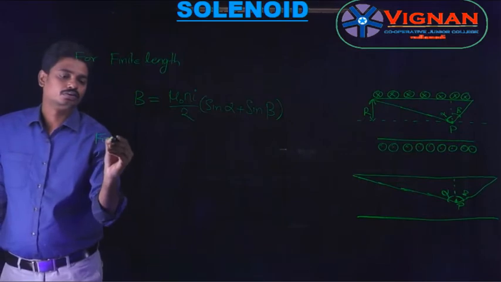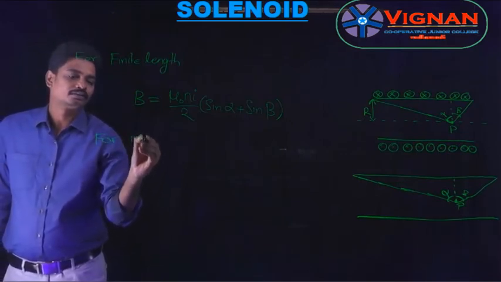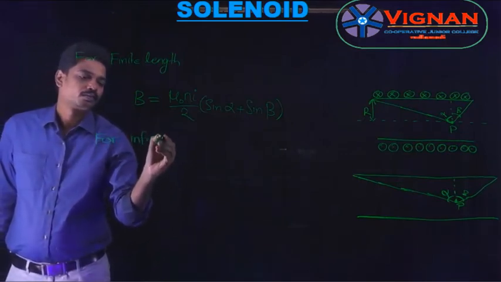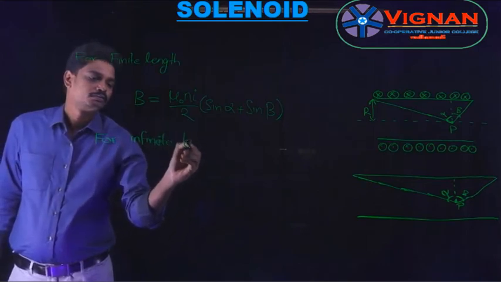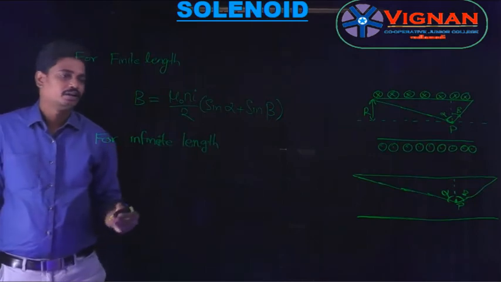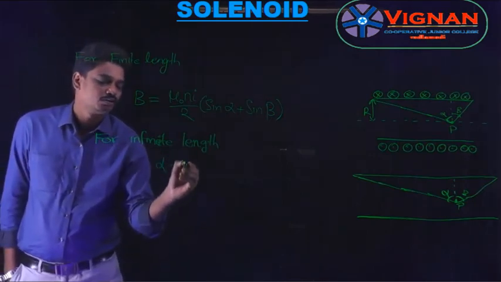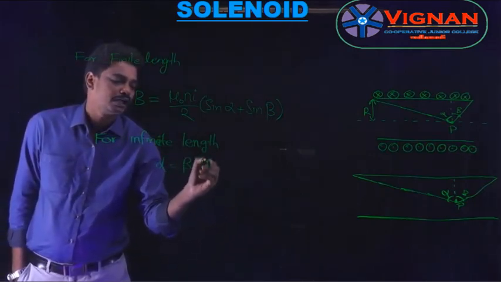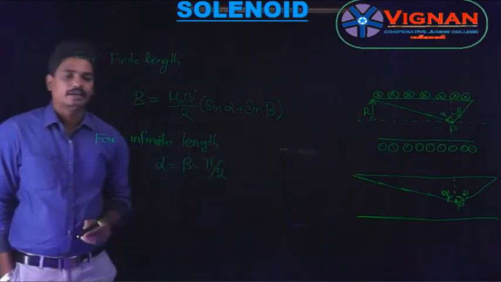So for an infinite length solenoid, alpha is equal to beta is equal to 90 degrees, that is pi by 2.